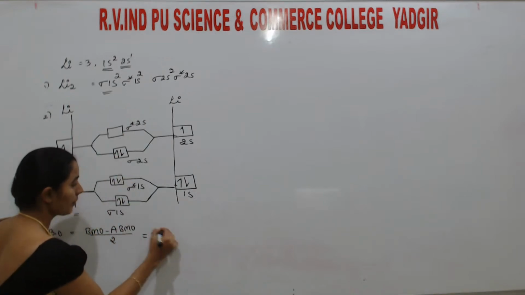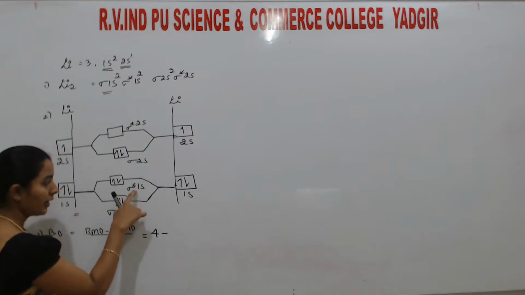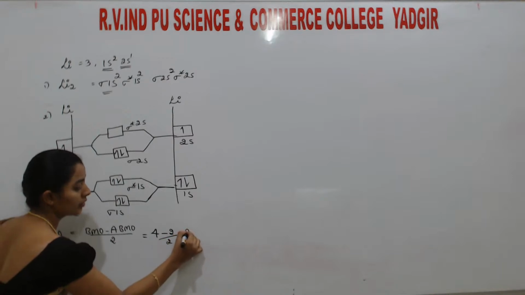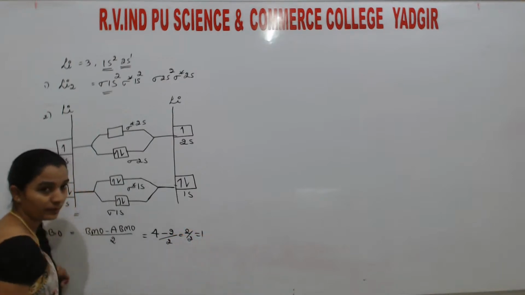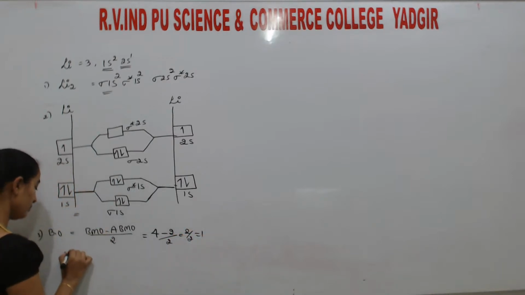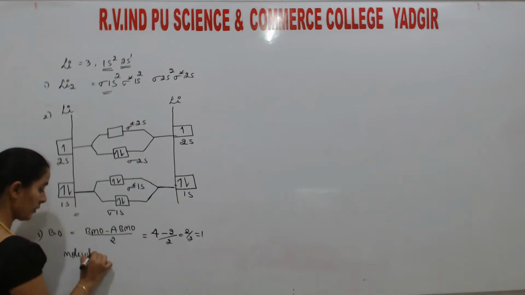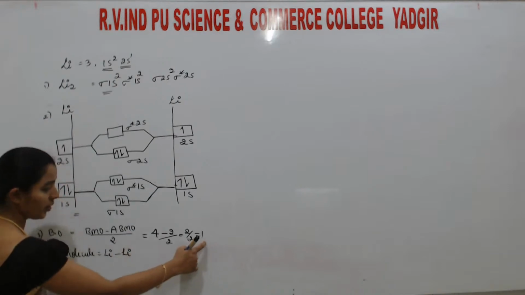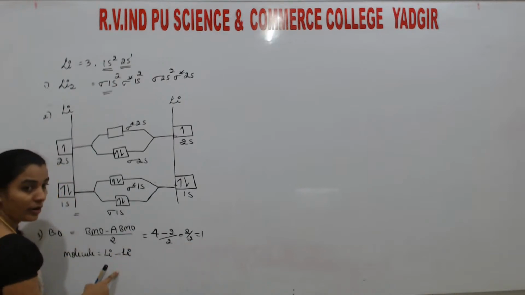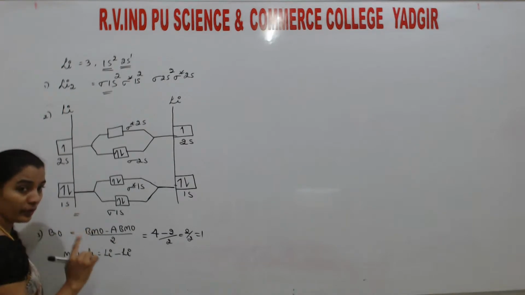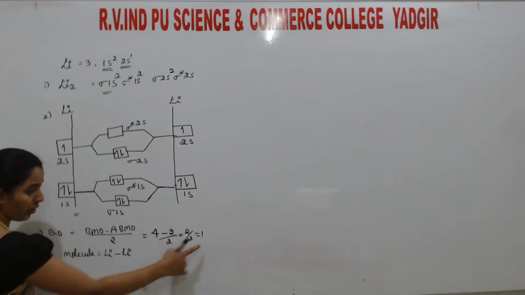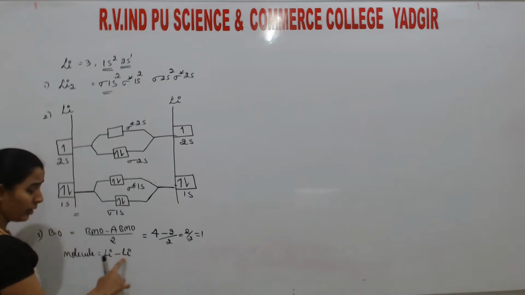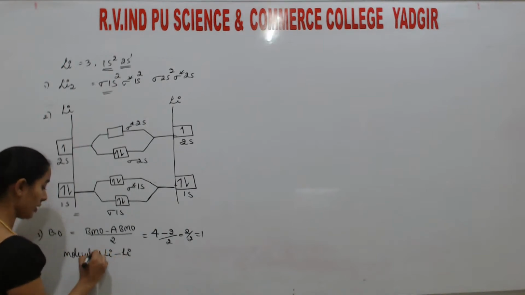So (4 minus 2) divided by 2 is 1. The molecule is lithium single bond lithium, because bond order means the number of bonds between the atoms, which is 1.